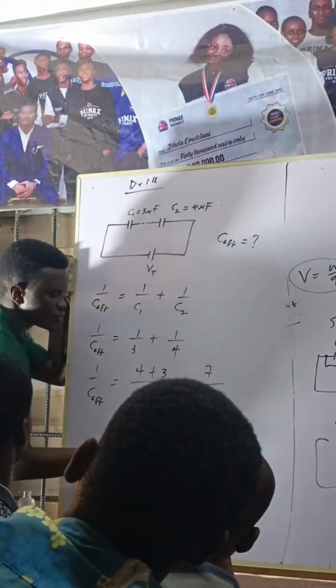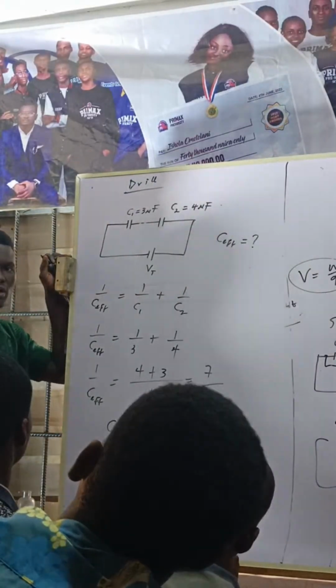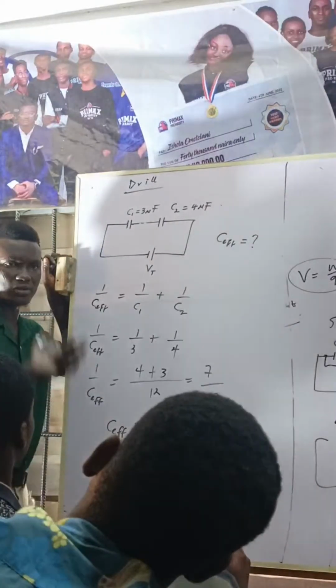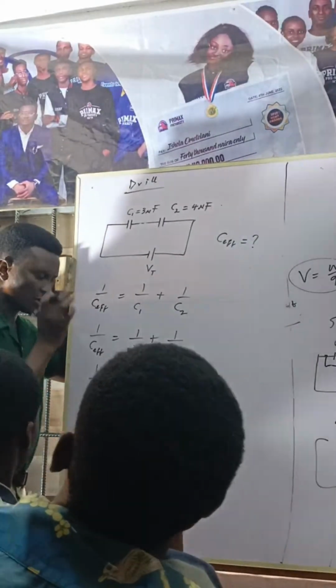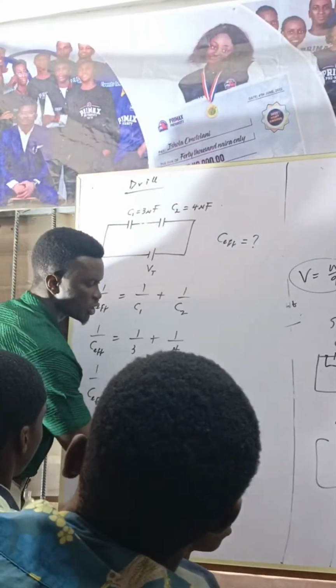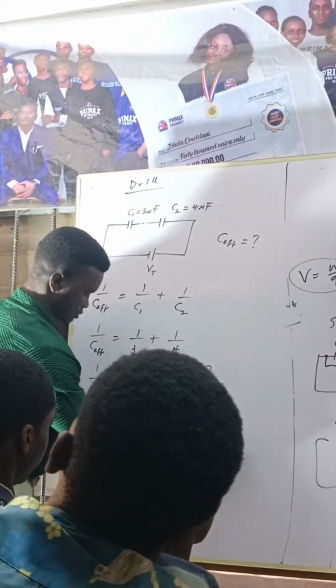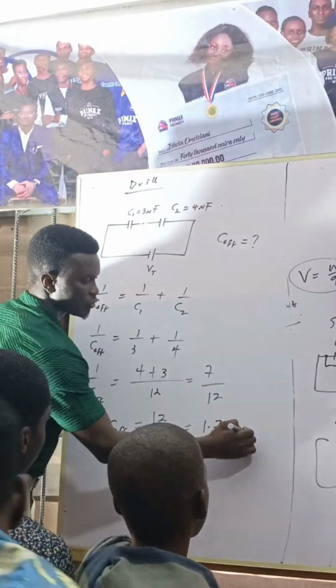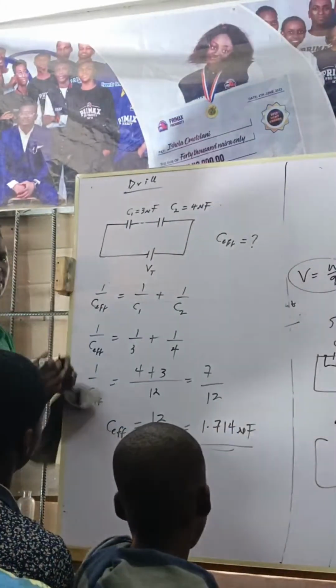So C effective will be 12 over 7. 12 divided by 7 in fraction. Calculator, punch that. So here, that's 1 point something: 1.714 microfarad.